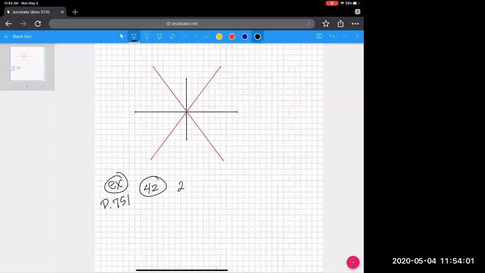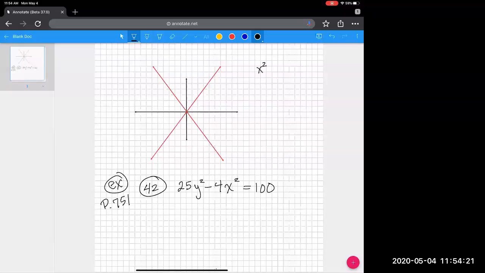So it has 25y squared minus 4x squared equals 100. They're giving us an equation, and the graph is of a hyperbola, but it's not in the standard format. So let's put the format up here.